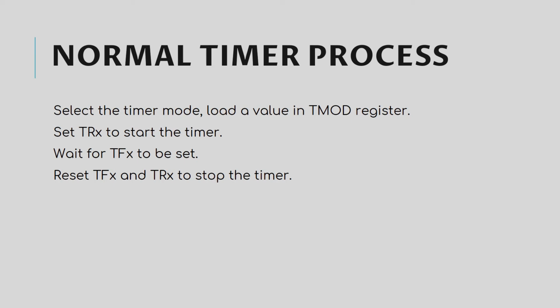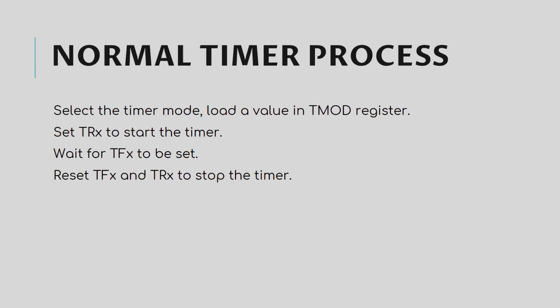Now let me tell you the normal timer process. So whenever we'll do the programming, we have to do all these steps. First, we need to select the timer mode, and we have to load a value in timer mode register. Then we have to set the corresponding TRX bit. Like if we are using timer 0, we have to set TR0 to start the timer.